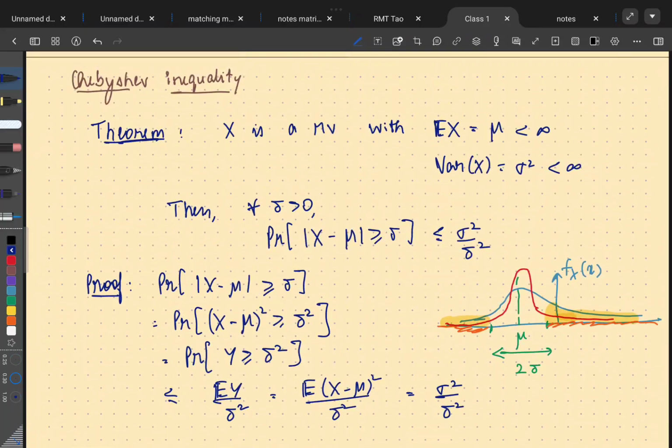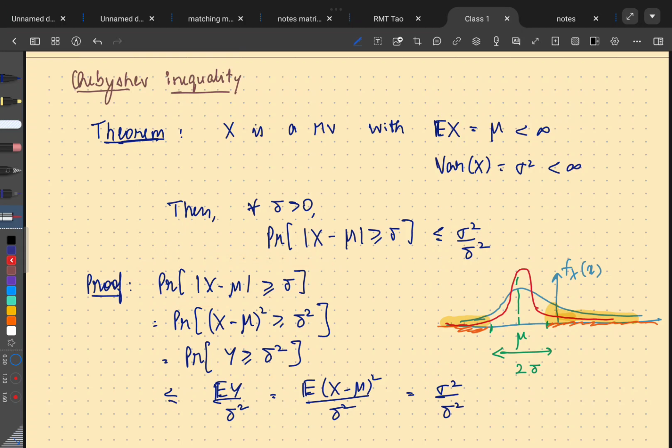Ultimately, what was our goal? Our goal was to bound this particular probability, under the assumption that the second moment is finite, that is sigma square is finite. For this, we took this particular quantity, we raised both sides to the power 2, and then applied Markov's inequality.